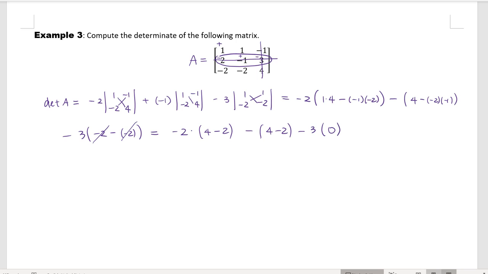Oh, so this is just 0. And so we have, let's see, 4 minus 2 is 2, -2 times 2 minus 4, and then -2, so the answer is -6. Okay, and here we're doing the second row cofactor expansion.